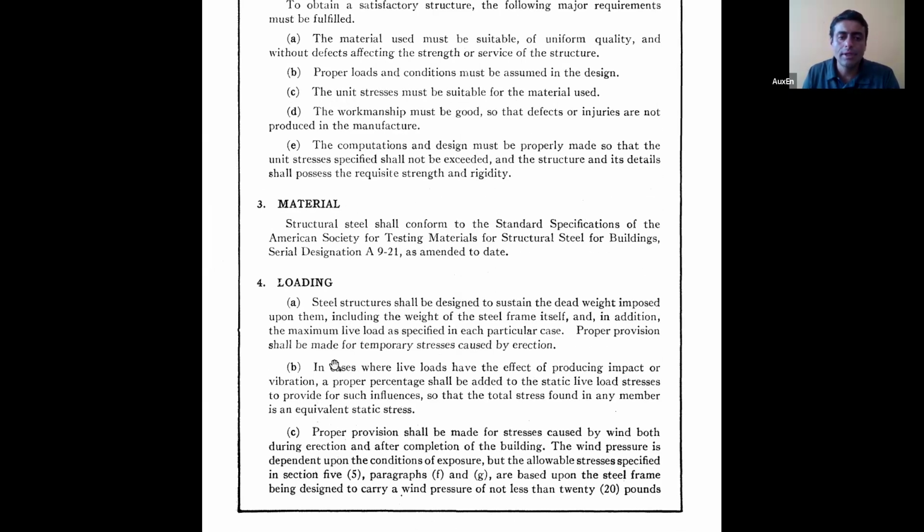Then in the next session we will look at the layout of AISC 360, and then go to the standard materials and standard grades available as per AISC 360. That's all for today. Thank you.